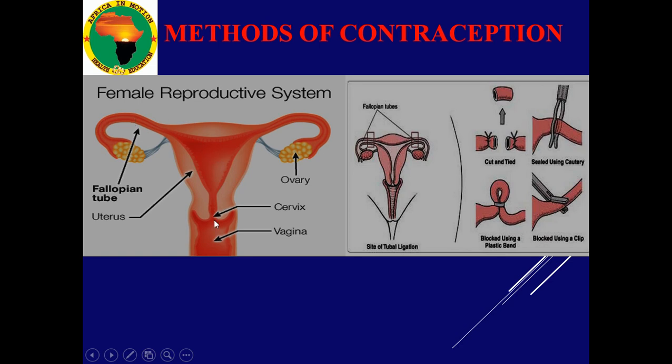If there is sexual contact during the time of fertility, then conception is highly possible. So to prevent it, you need to block both tubes, left and right. The tube is cut, and the proximal part and the distal part are both tied. So there is no way the egg will be able to move from here to the uterus.